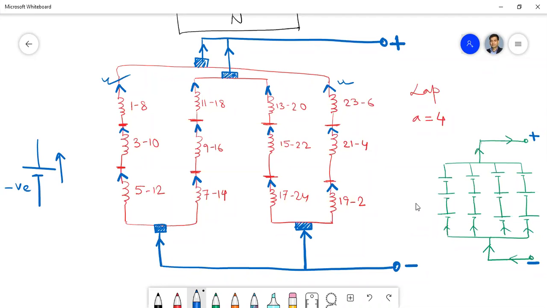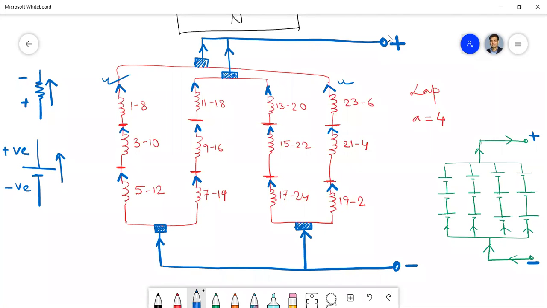Have you understood? Unlike load, in case of resistance, this is positive and this is negative if the current direction is like this. So that is the error in your diagram. Have you understood, Orko Prabhu?